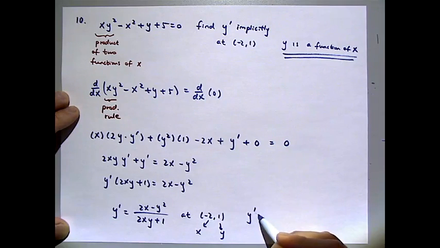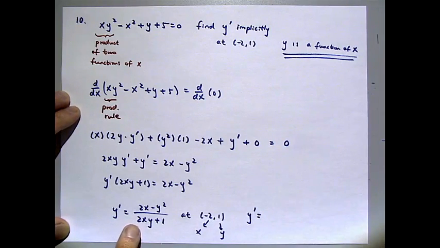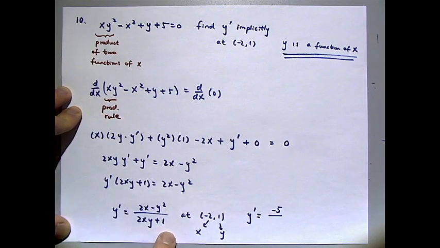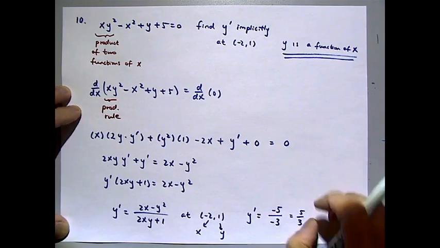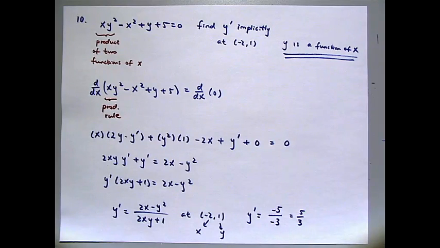So y prime is equal to minus 4 minus 1. It's a minus 5 on the top. Downstairs is 2 times x, minus 4, plus 1, minus 3. So 5 over 3, is that right? Looks right.